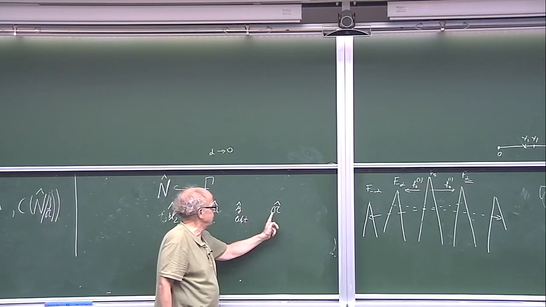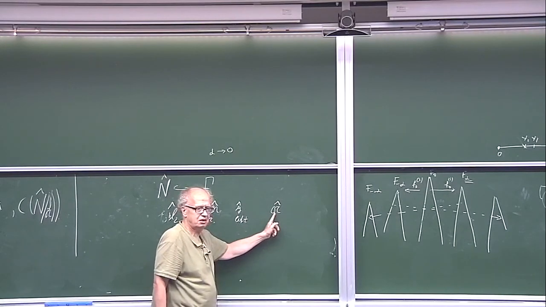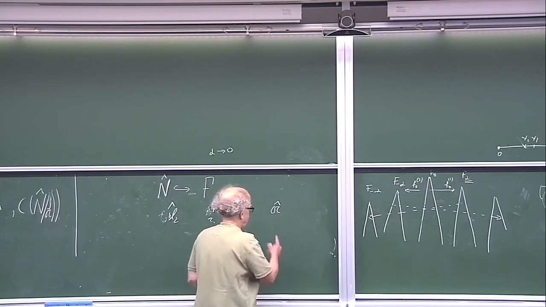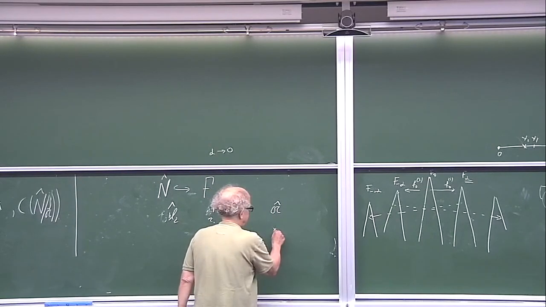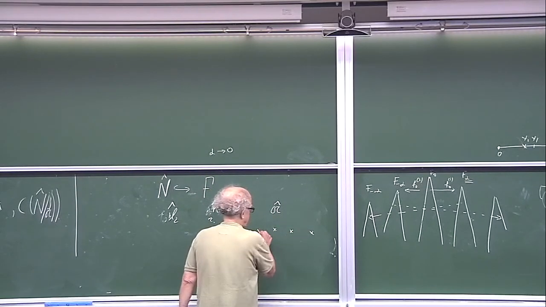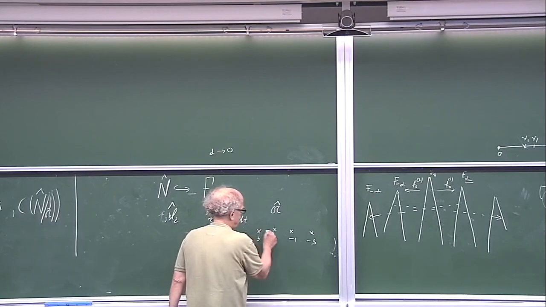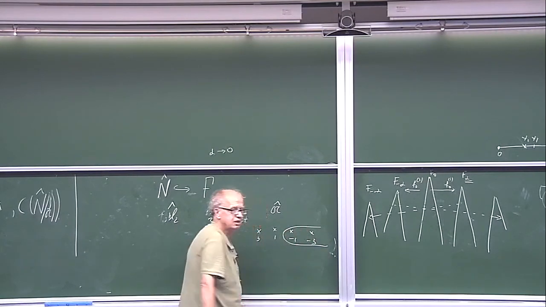And I have to factorize by this. But this is an algebra which has generators in degree 1, 3, -1, -3, and so on. And I factorize, say, by this.